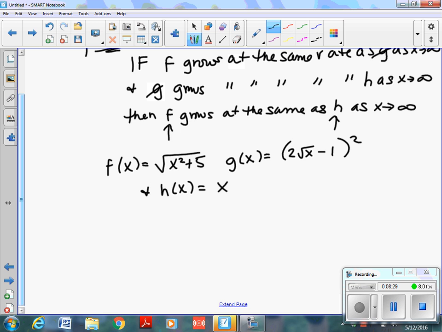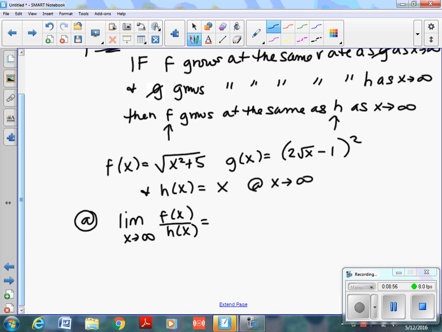You want to show that f grows at the same rate as h as x is approaching infinity. So I'm going to start with the first part, the a part, and I'm going to show the limit as x is approaching infinity of f of x over h of x.